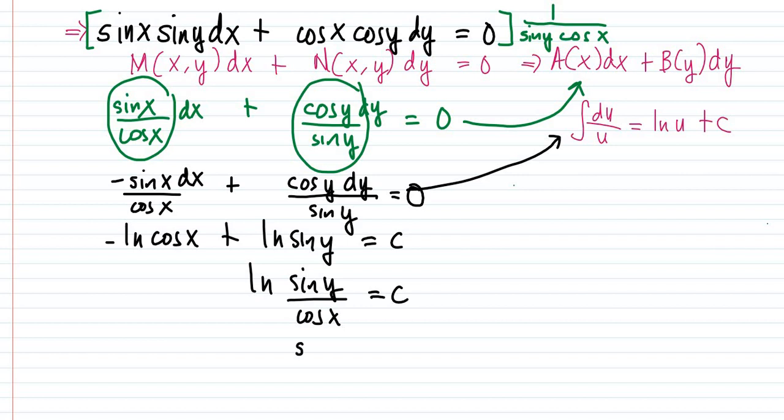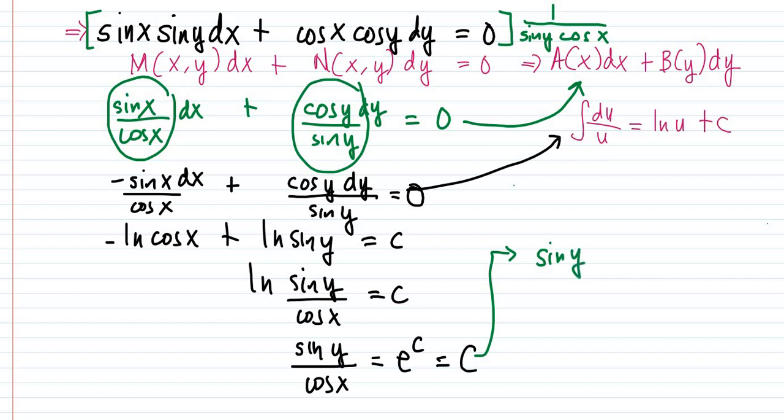If we solve for sin y over cos x, it will be equal to e raised to c, and e raised to c is still a constant c. So the final answer would now be sin y is equal to c times cos x.